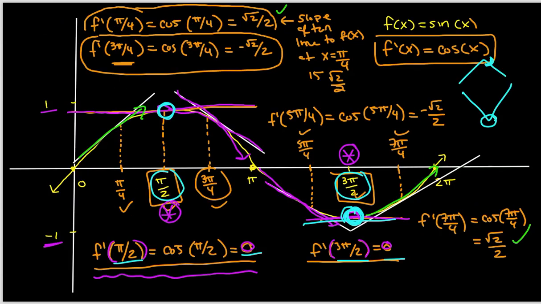And so back on our example here, our critical points here are pi over 2 and 3 pi over 2. Okay? Because those are the values that you can plug into f prime and you can get an output of 0.